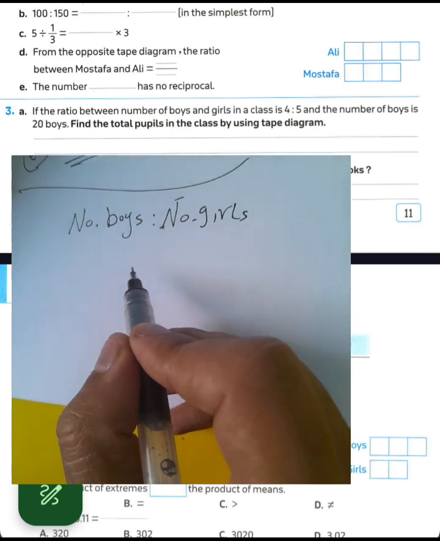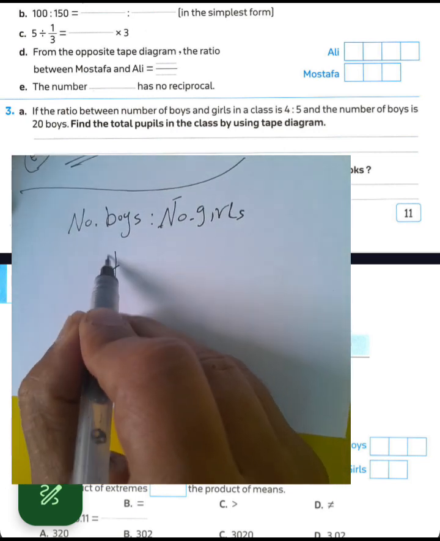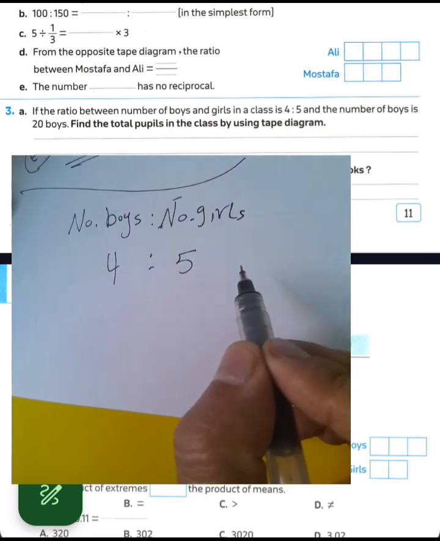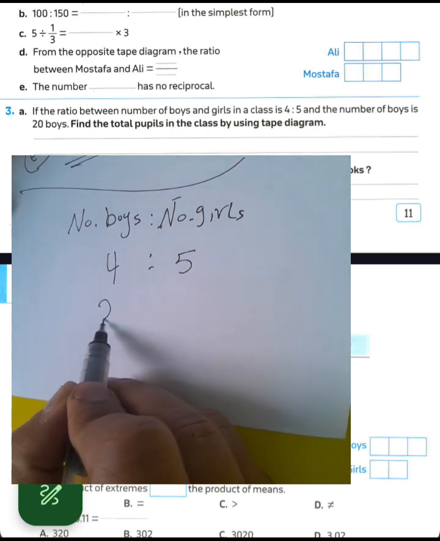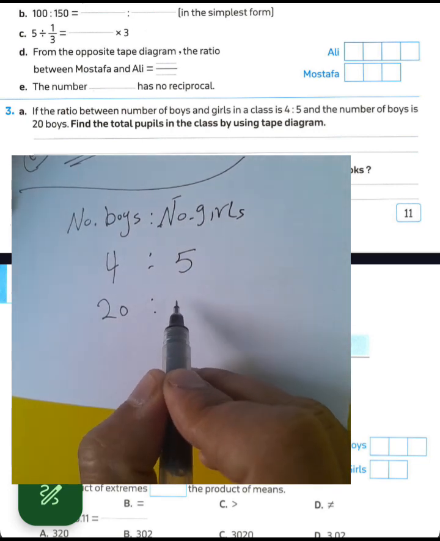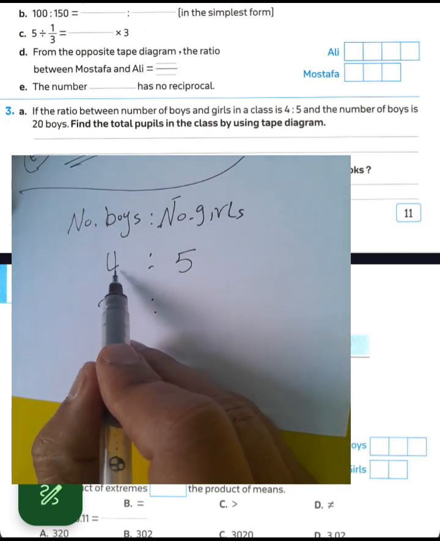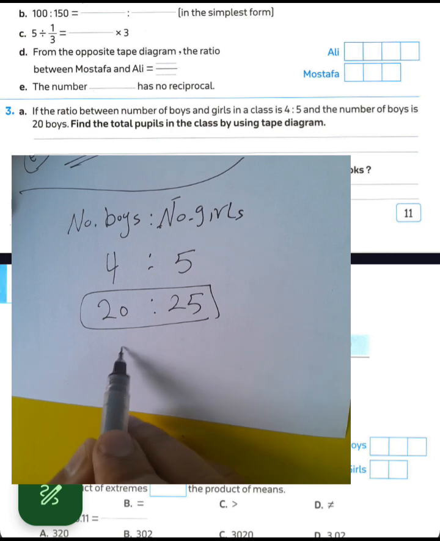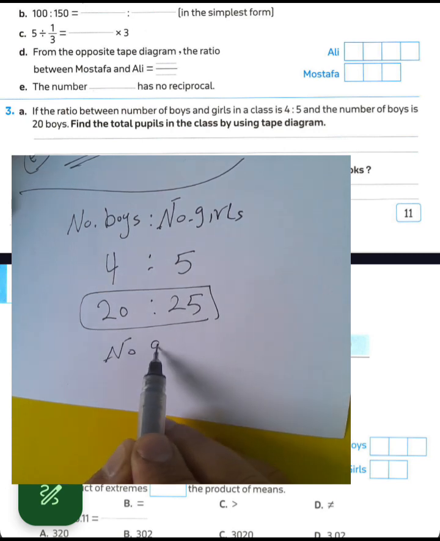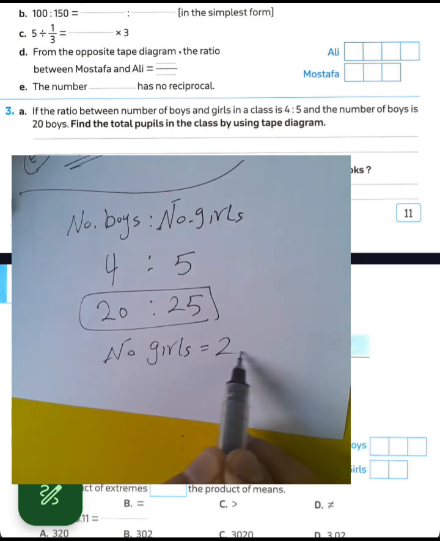The ratio between them was 4 to 5. And the number of boys is 20 boys. Then the number of girls, how do we know? 4 times 5 equals 20, then 5 times 5 equals 25. Then the number of girls will be 25.